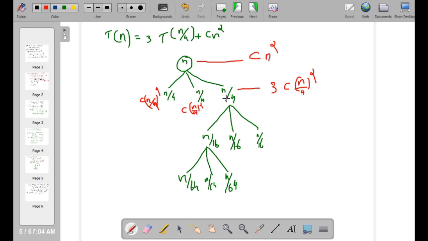Every problem will be split into 3, so total 3 plus 3 plus 3, it will be 9. So the cost will be 9 into C n by 16 square.